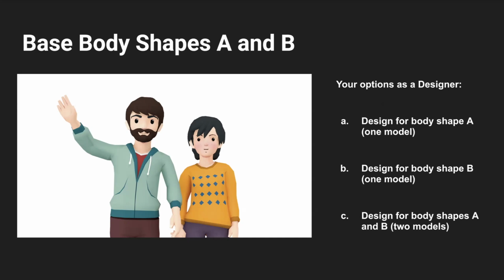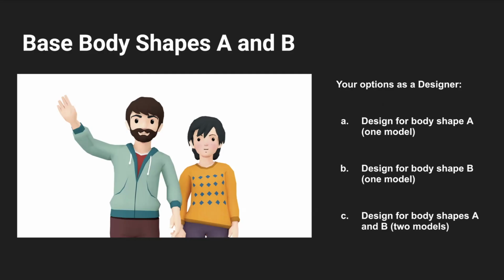Each wearable item needs to perfectly fit the slot. In other words, if you create a t-shirt for body shape A as a digital avatar, it's not going to work on body shape B. So you're going to need to create a variation for body shape B. However, you don't always need to do that.